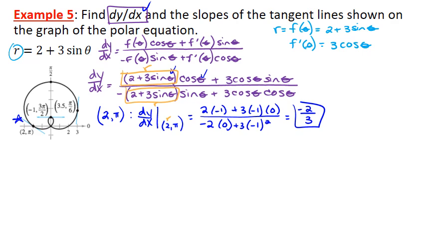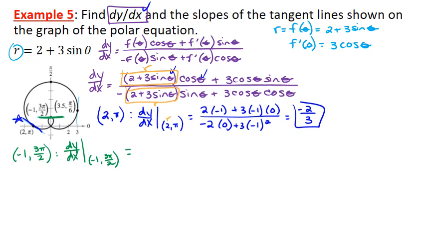So now I'm going to do this one here, the dark blue. Now we're going to do green: negative 1, 3 pi over 2. Now you might need to refer to your unit circle. I'm not going to take the time in this video to go into detail.